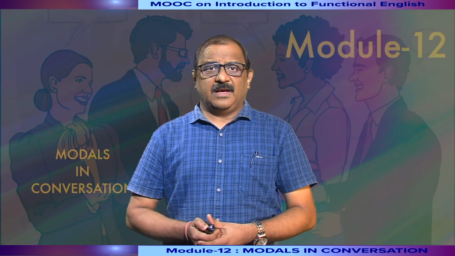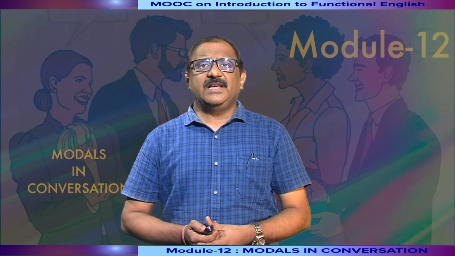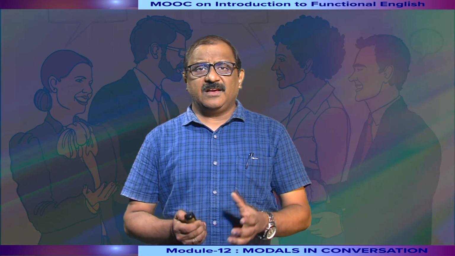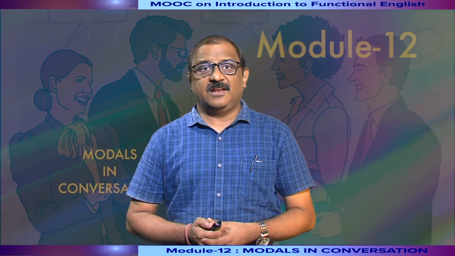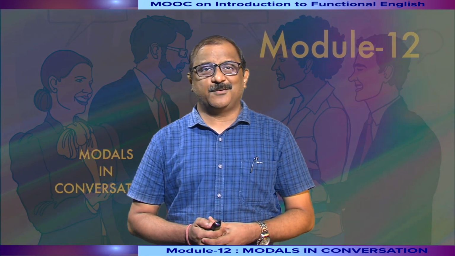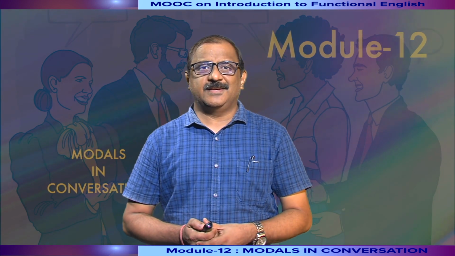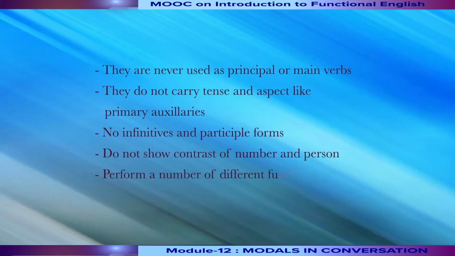Okay, and we have already said that modals are a class apart in the entire English language. Modals are very distinctive because of some features, like they are never used as principal or main verbs. They do not carry tense and aspect like primary auxiliaries. They do not have infinitive forms. There are no participle forms of the modals.